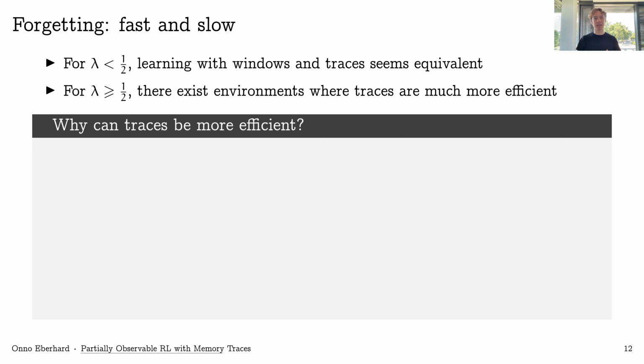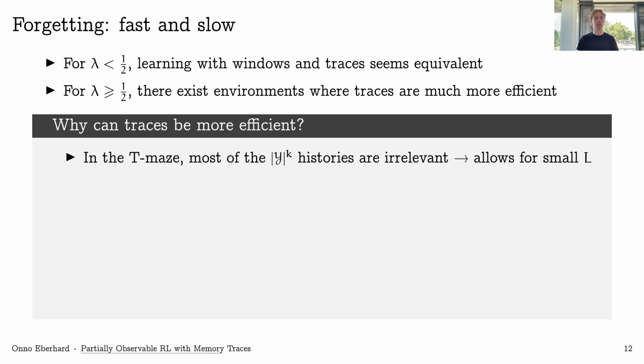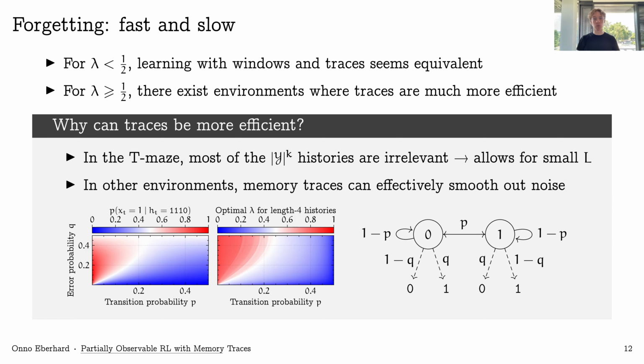So why can memory traces be more efficient? One case is like the T-maze, where most of the possible histories of observations are not relevant. And this allows us to use a small Lipschitz constant L combined with a large lambda. However, there are also other environments where the exponential moving averaging behavior of memory traces is actually useful.